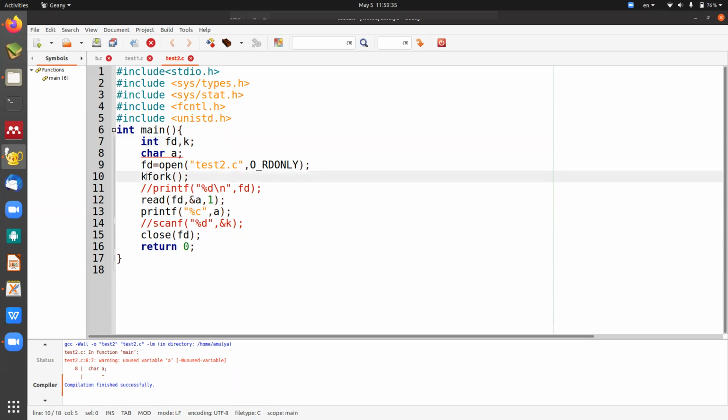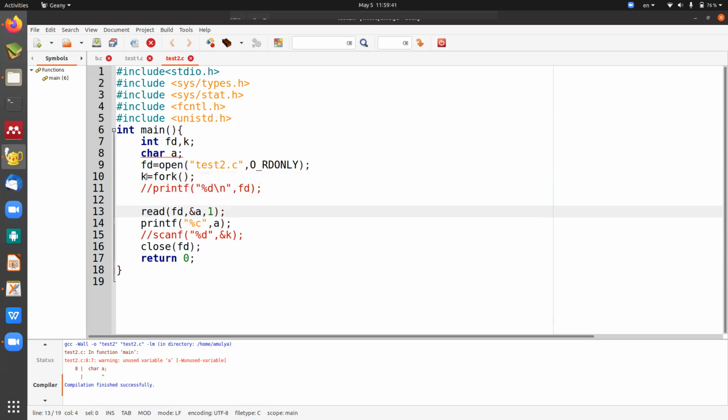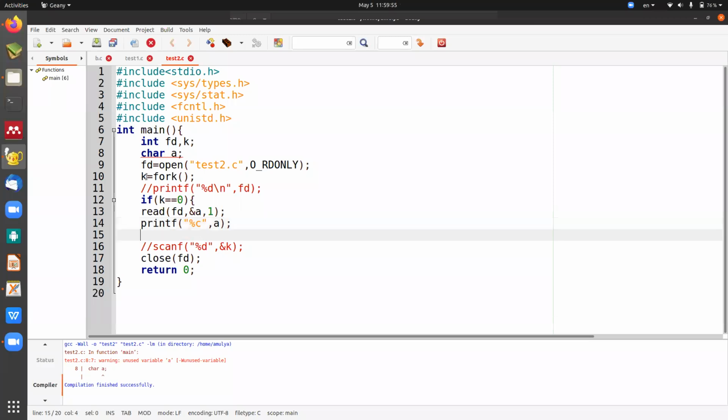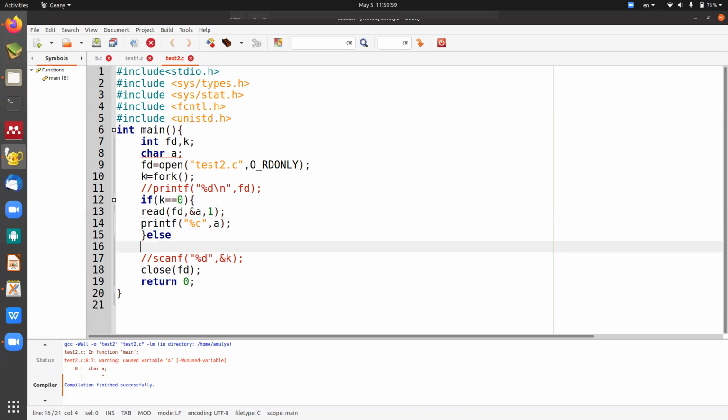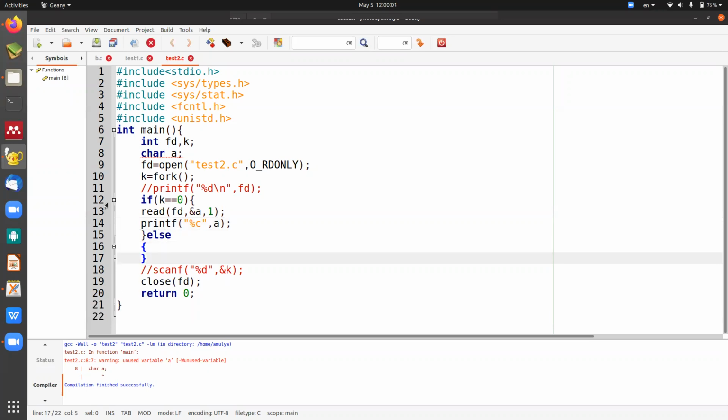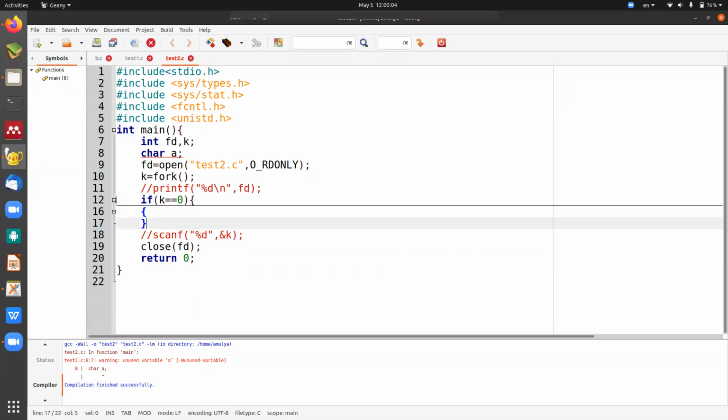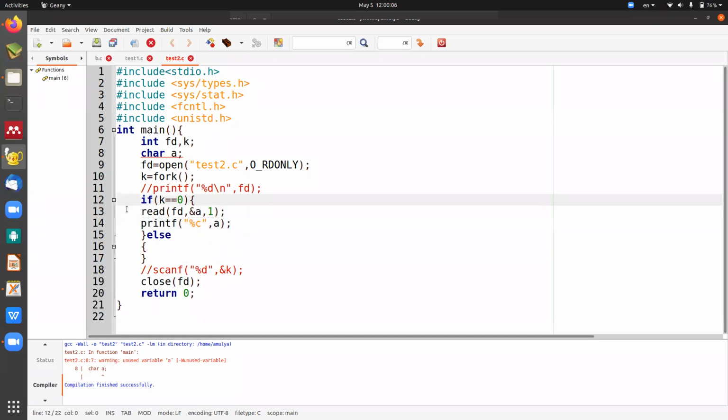This equal to k, ठीक है? Can I write like this? How many processes are going to read this? 2 processes. डिस्टिंग्विश कर देता हूं. If k is equal to 0, do this, else do this and read this.